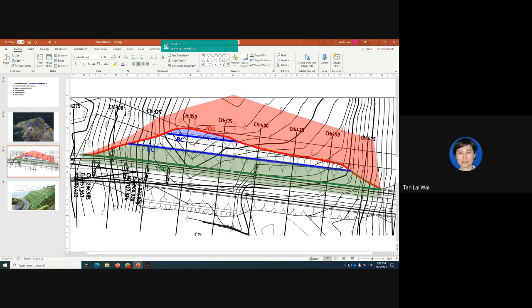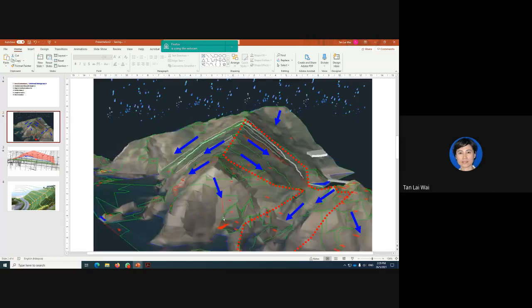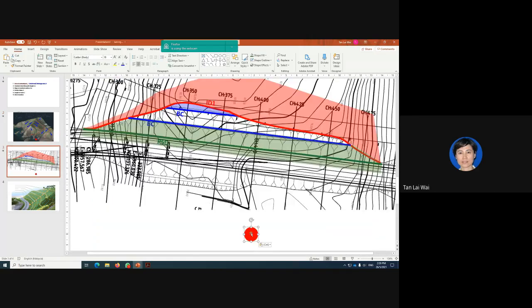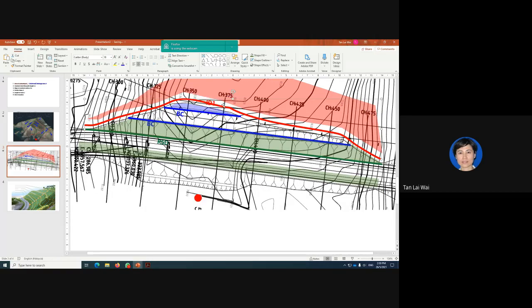Now, let me go back to this, how you are going to look at this part. Imagine you want to design this interceptor drain.